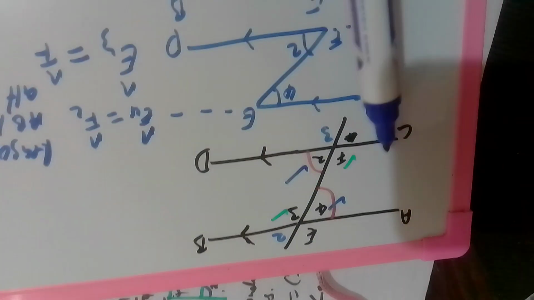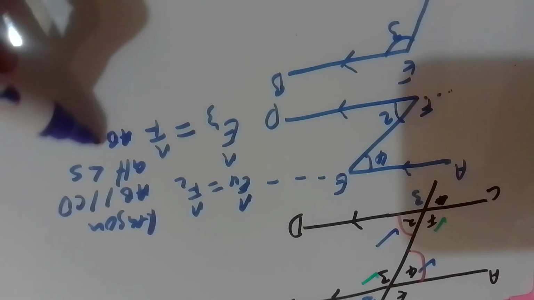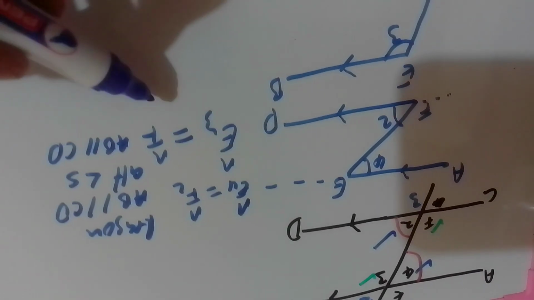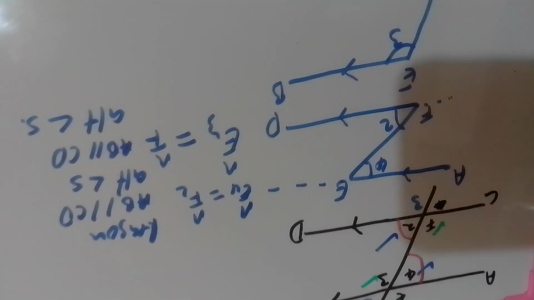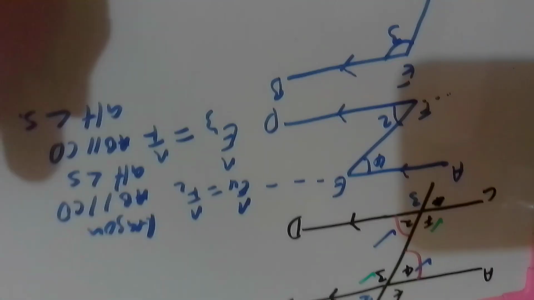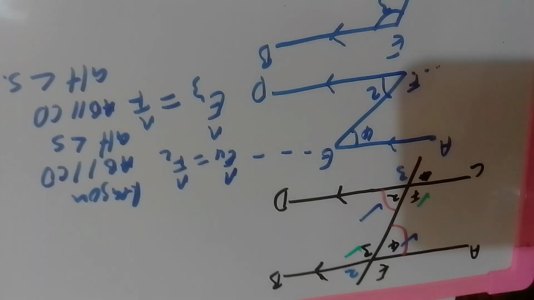Because line AB and line CD are parallel lines. So our reason is that line AB and line CD are parallel lines. Therefore, we've got alternating angles, right? So I wanted to do it on a cleaner version so that you can see it legibly.